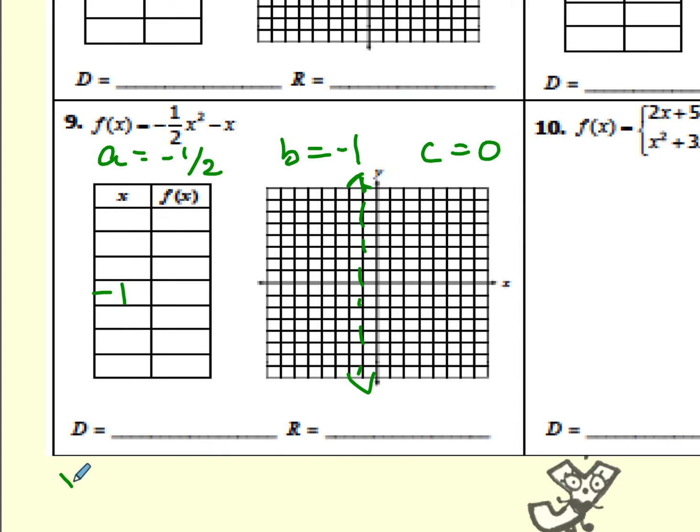So I have y is negative 1/2 times negative 1 squared minus negative 1. Okay, now in this case, I'm going to end up with a fraction, but that's okay. So negative 1 squared makes 1. Negative 1 half times 1 is negative 1 half. Minus a negative makes a plus, which gives me positive 1 half.